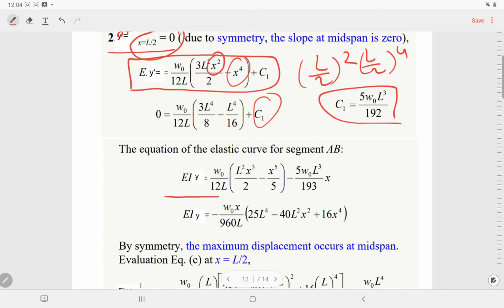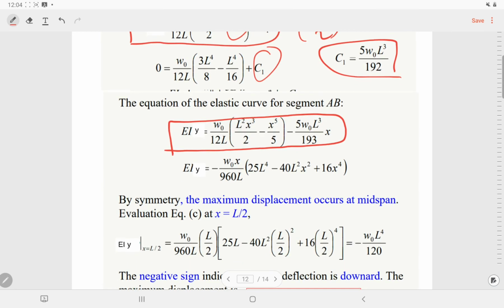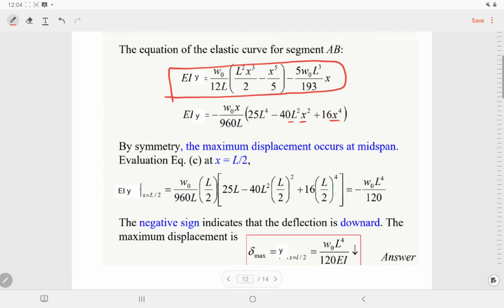Then I'm going to put C1 in the original deflection equation, which is in terms of x. The question is, I need the maximum displacement at midspan. Of course, midspan means x equal to L over 2. So how much is y at x equal to L over 2?